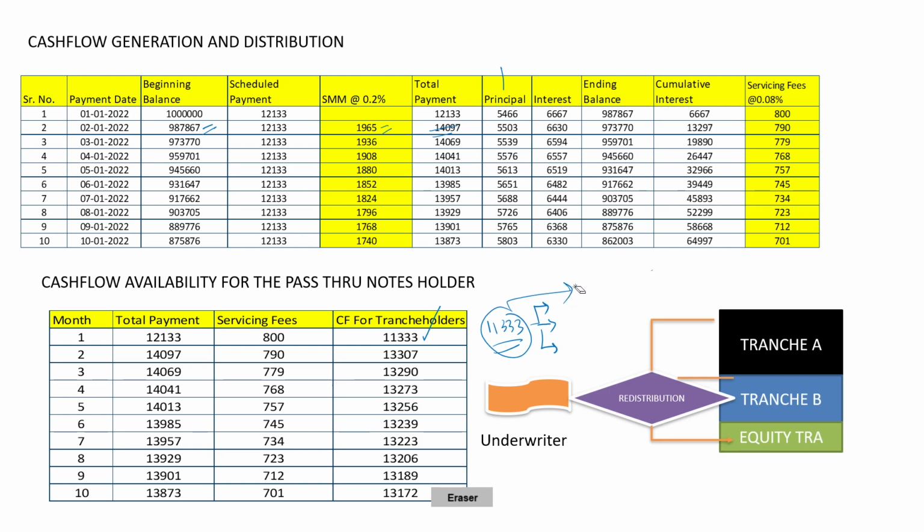But since we have evolved from the pass-through securities and advanced to more complex, more engineered securities, the underwriter would then redistribute those repackaged notes to different tranches, which we have discussed at length before. So this is the mathematics of how things happen.